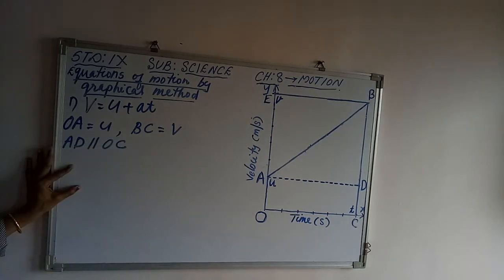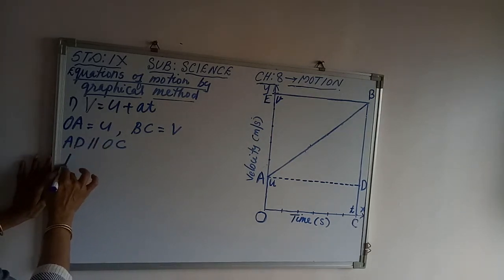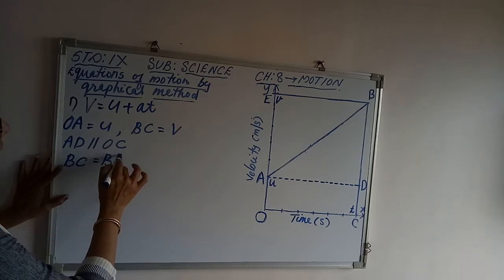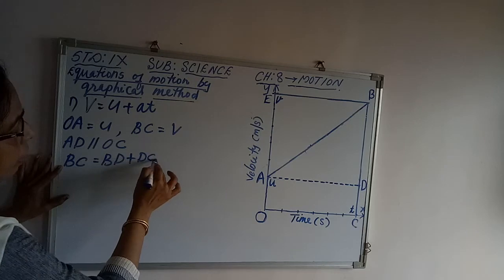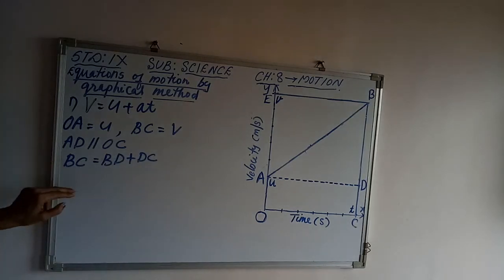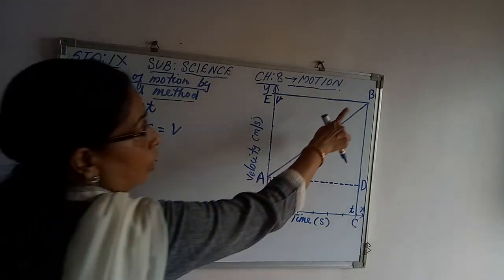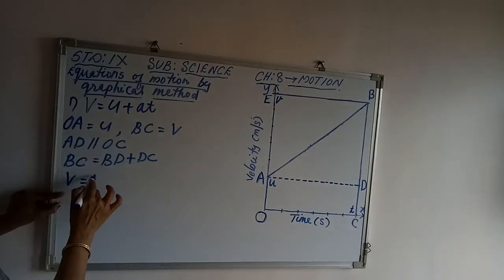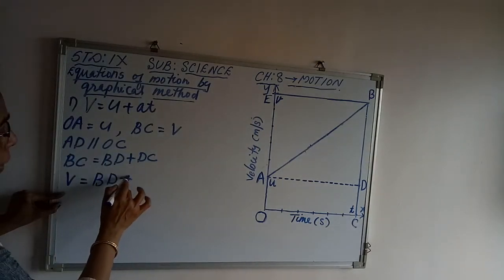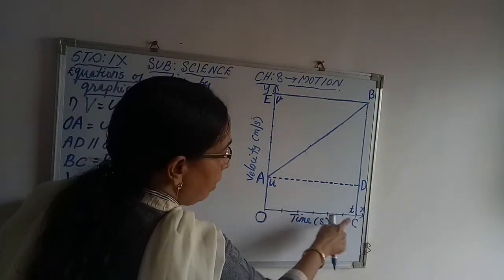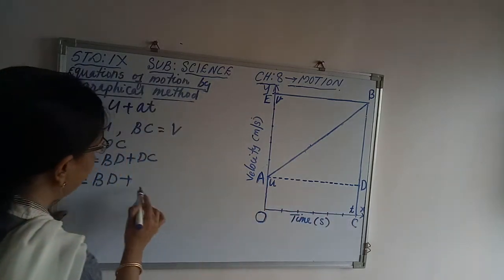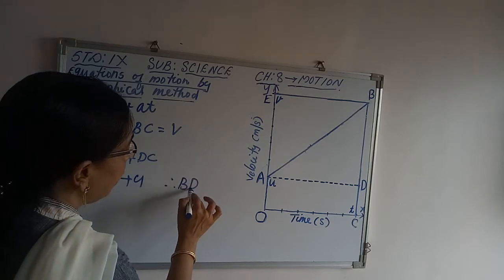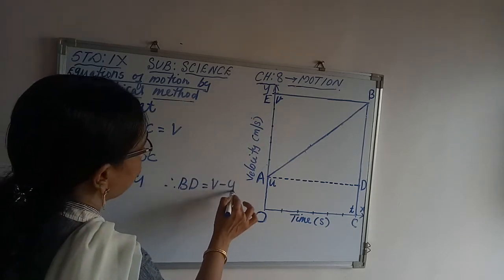That much we have done. Now see, BC is equal to BD plus DC. Is that clear? Then what is BC? Final velocity, so we can write V is equal to BD plus DC. DC is equal to OA, that is equal to U. Therefore, we can find BD as V minus U.